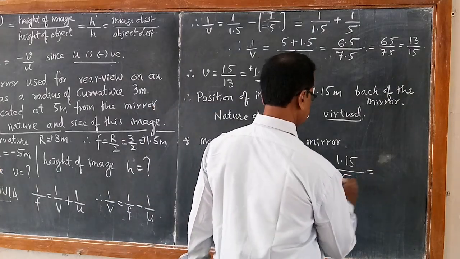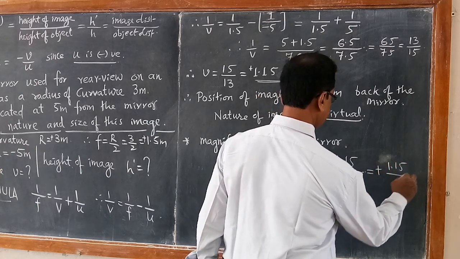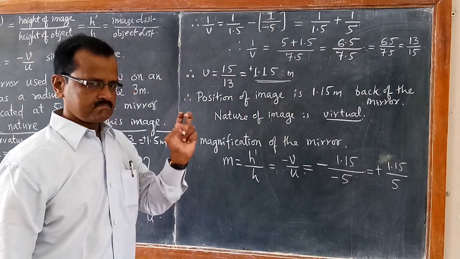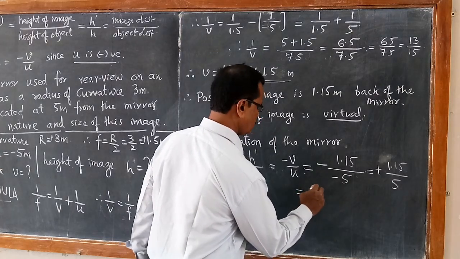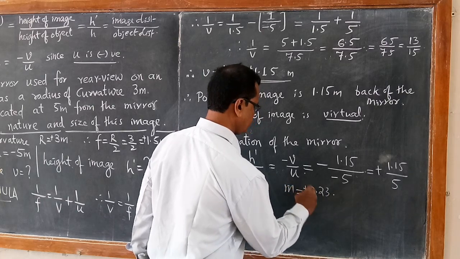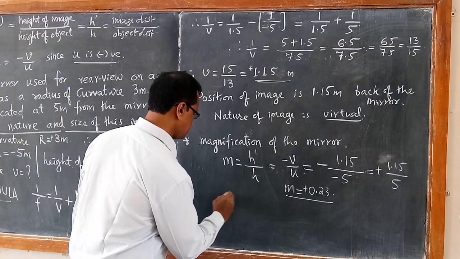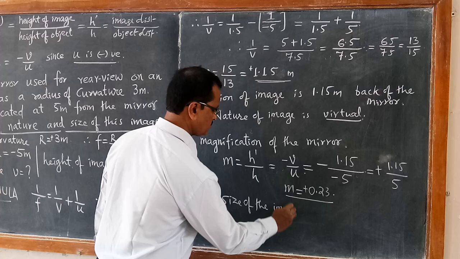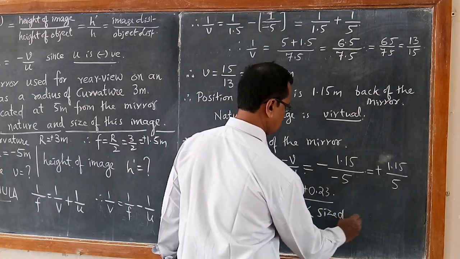So when you calculate this, this becomes 1.15 divided by 5. So definitely it is going to be a smaller image, diminished in size. So it is about 0.23. So m is equal to positive 0.23. So the size of the image is smaller than size of the object.